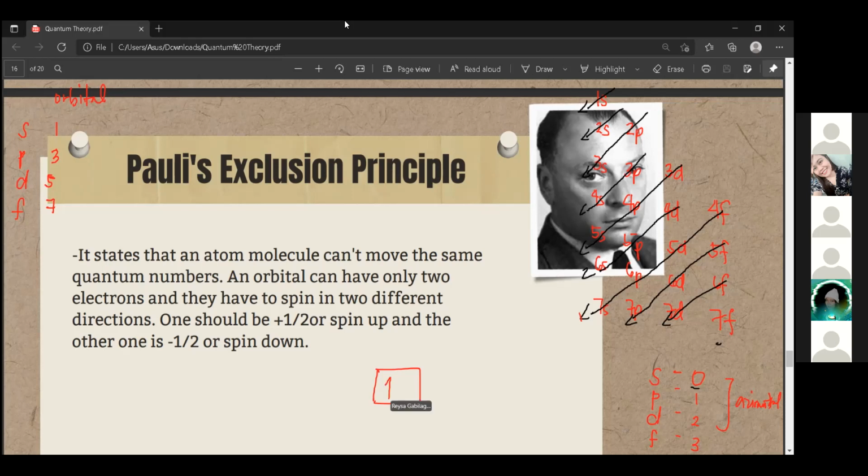One will spin upward and the other will spin downward. The spin up is positive 1/2 and the spin down is negative 1/2. That is according to Pauli. We call it Pauli's exclusion principle.